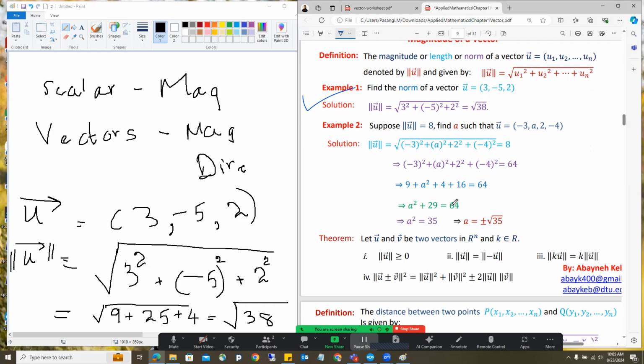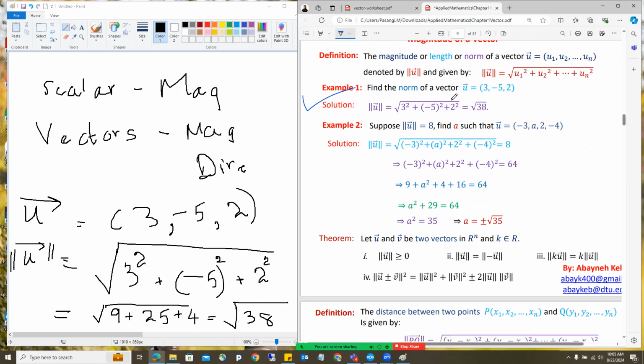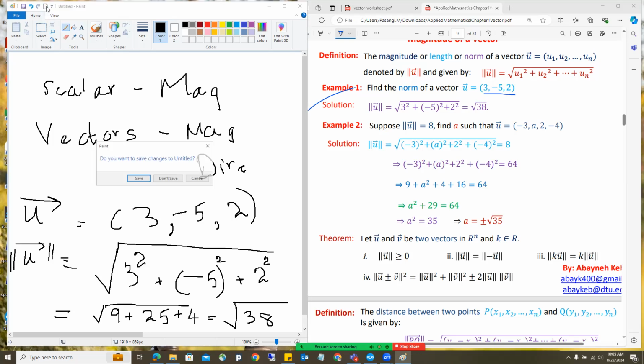Okay, so earlier on this question, all these three components were numbers or units. But here for the second one, they have given the magnitude as 8. They ask us to find the vector. So how are we going to do that kind of a question?